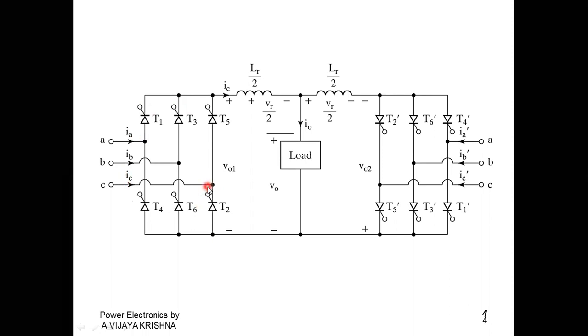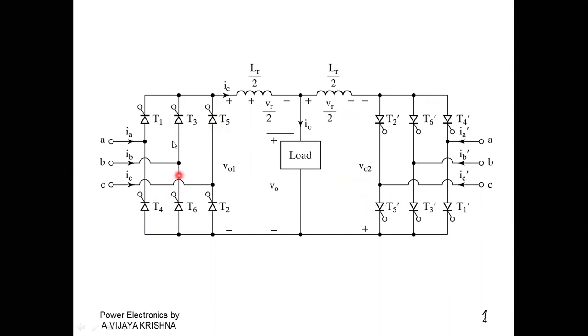The converter is blocked from conduction by removing the firing pulses from the converter. Only one converter is in operation at a time, whereas the other converter is in idle condition.